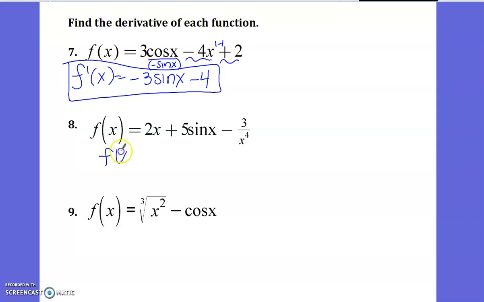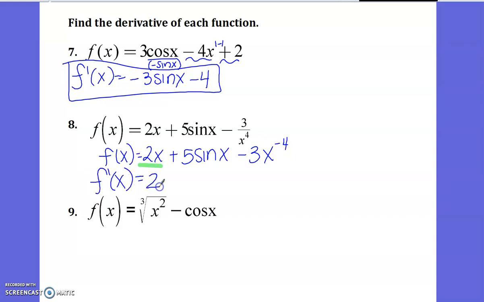Rewriting this one, moving that x to the 4th up. Okay, the derivative of 2x is 2. The derivative of sine is cosine, so this becomes 5 times cos x.